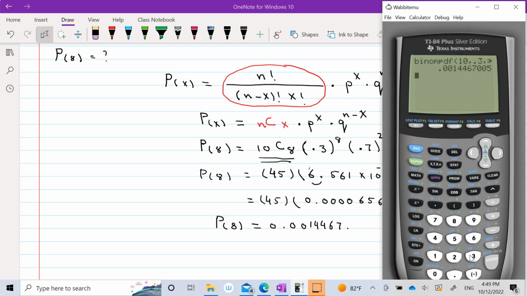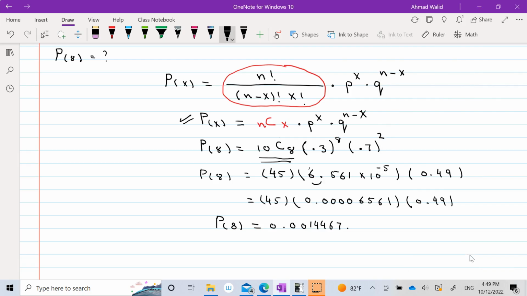You see your answer on the screen of your calculator, and the answer that we just got using the formula, they are the same. Even the calculator gives you more decimal places. You can use the calculator in the next example, but at least I told you there will be one problem in your test that I will ask you to use this formula.